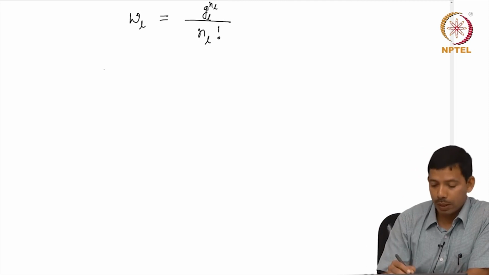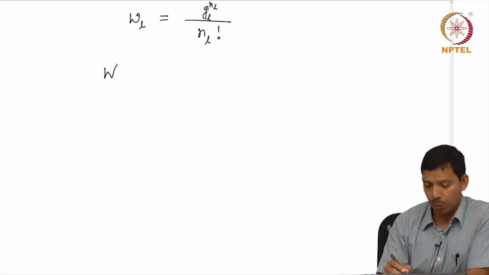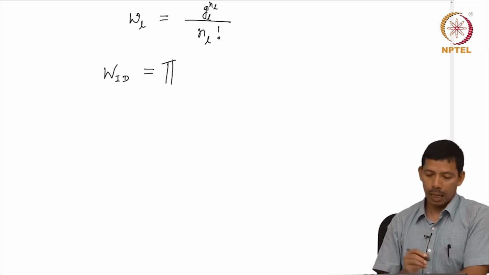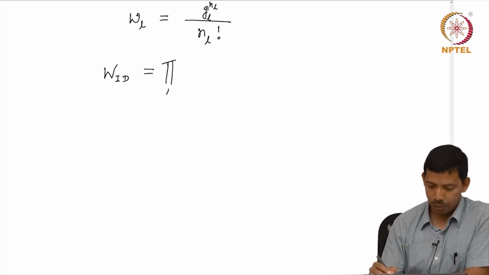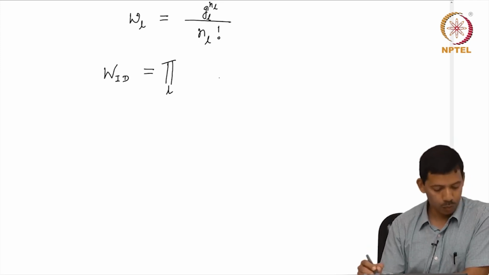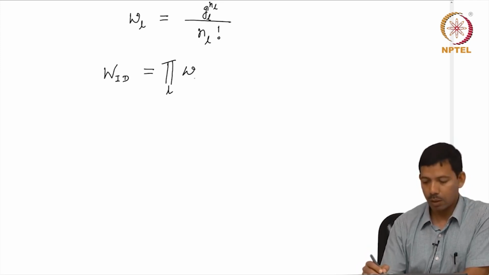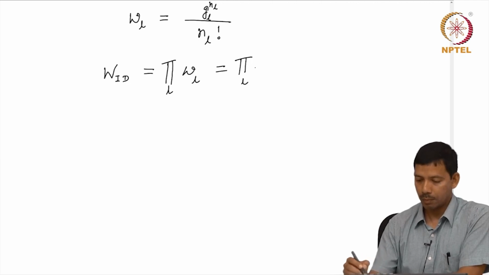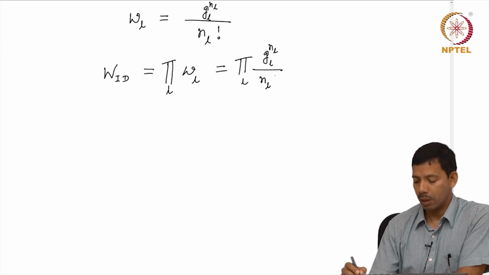Now if we want to get capital W, we need to get the product over all the energy states and their energy levels, and therefore we take the product over WL, and that gives us the expression of W as the product of GL to the power NL divided by NL factorial.